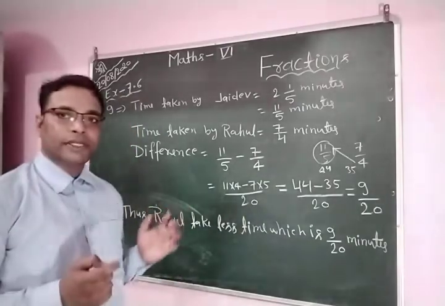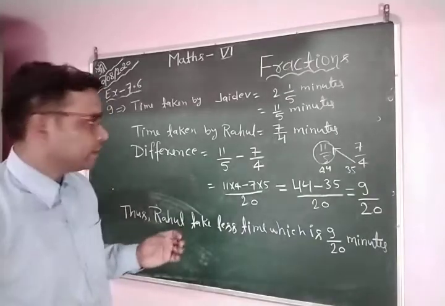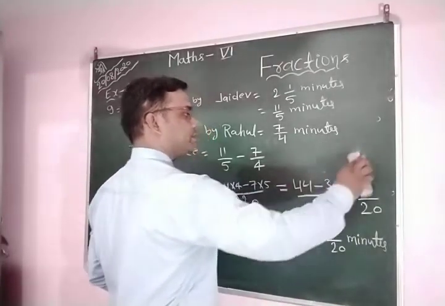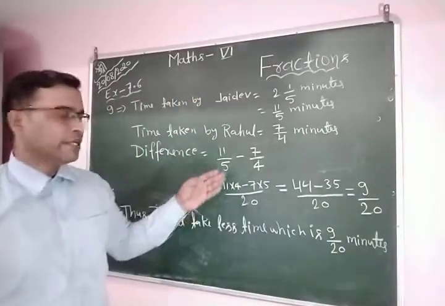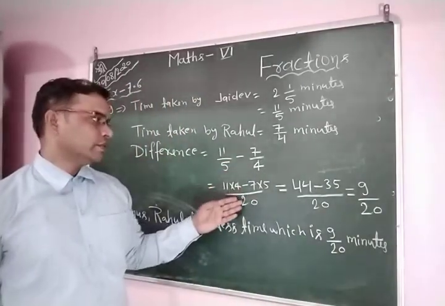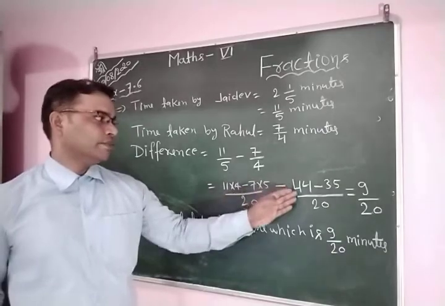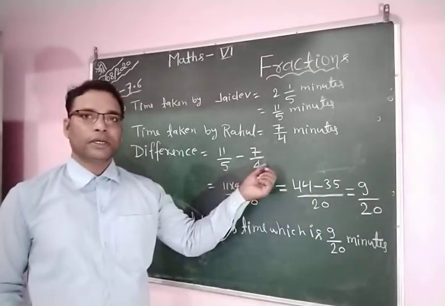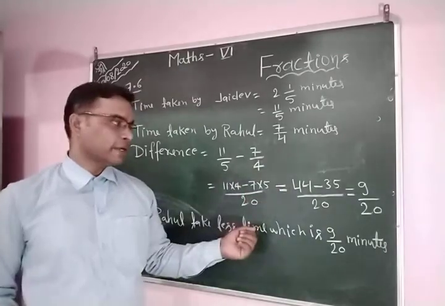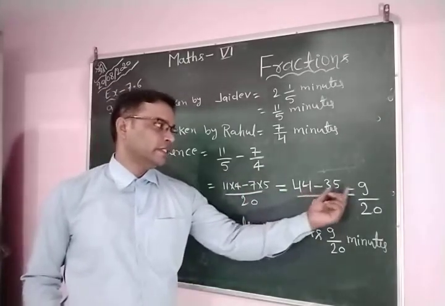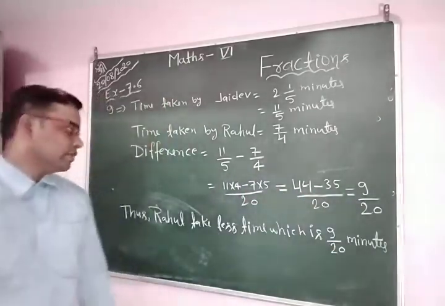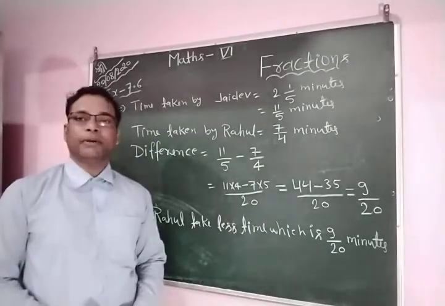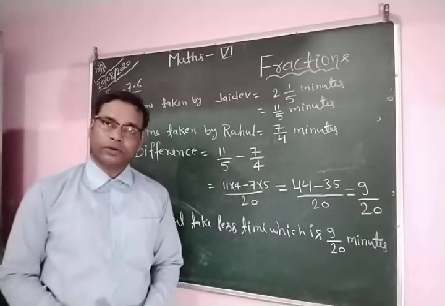And what is the difference between them? For this we find the difference. 11/5 minus 7/4 is equal to 44 minus 35 by 20. The LCM of 5 and 4 is 20. So their difference is 9/20. In this way we can say Rahul takes less time, which is 9/20 minutes.